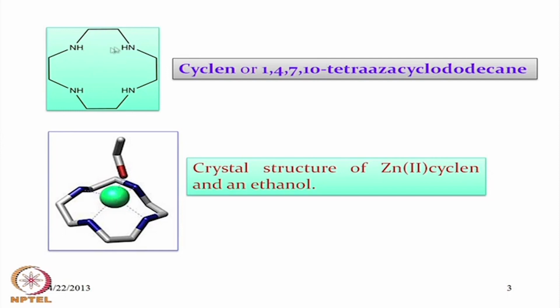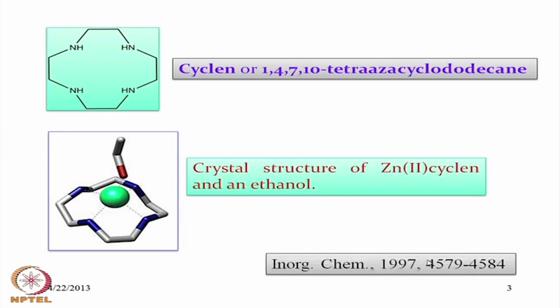So, this ligand is providing 4 nitrogen donor atoms, and the 5th one is provided by the ethanol. This particular geometry is much more flexible, and we have a puckered geometry for the ligand system. This can be found in the reference from Inorganic Chemistry by the American Chemical Society.